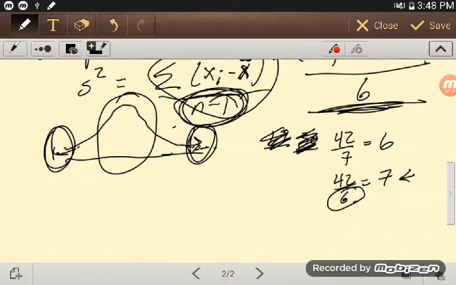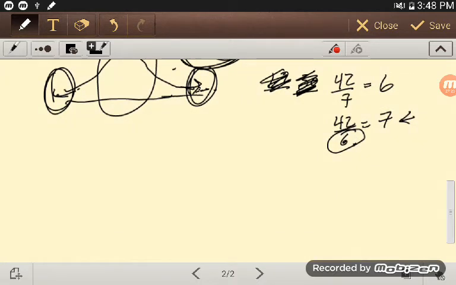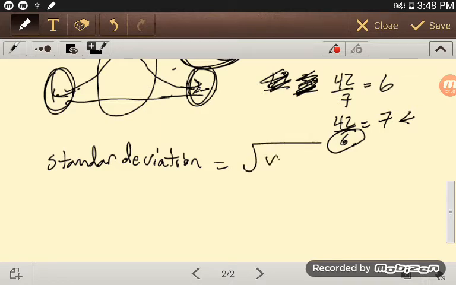So that takes care of the variances almost. The other thing, remember I had said standard deviation and standard error. Standard deviation is just the square root of the variance.